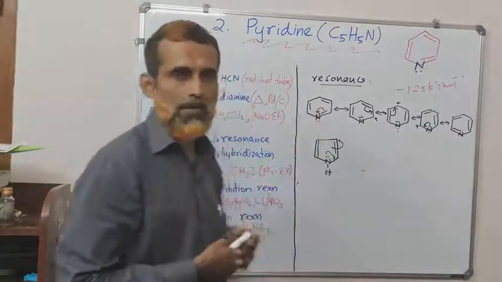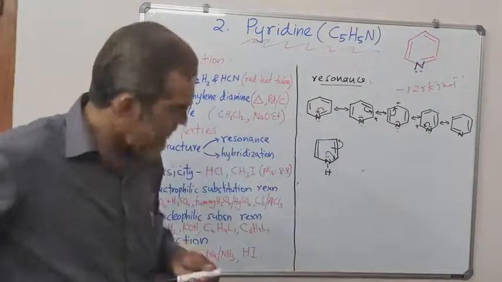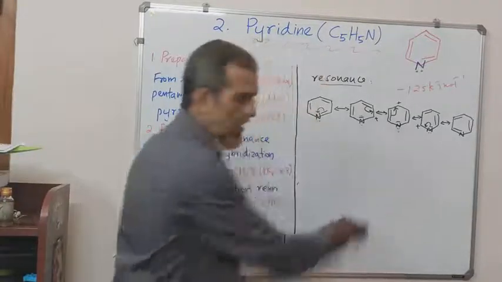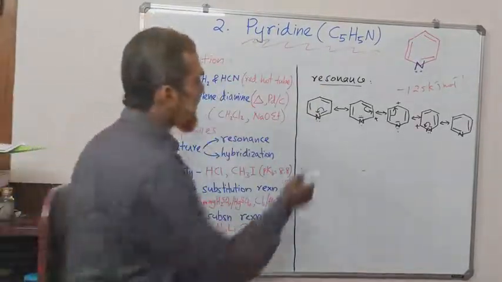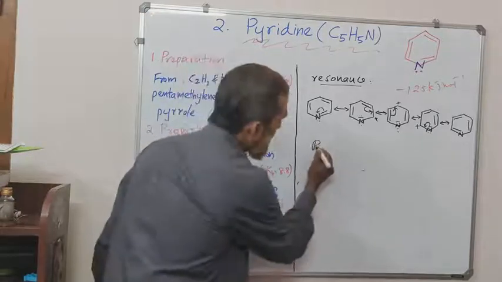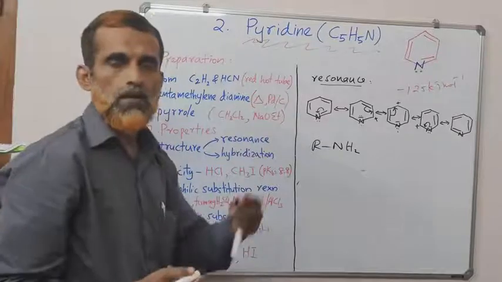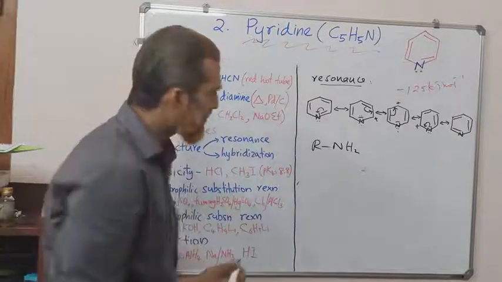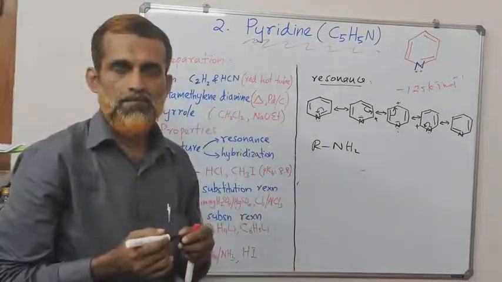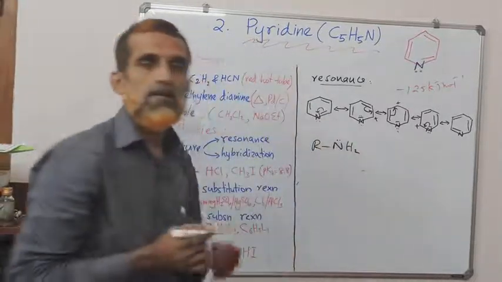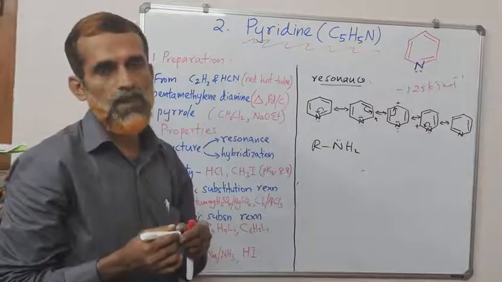One more point is, if you compare basicity of pyridine with aliphatic amine, for example, RNH2, let me write aliphatic amine, which is more basic? Aliphatic amine is more basic than pyridine. How do we explain this?